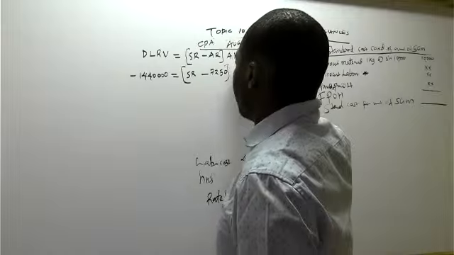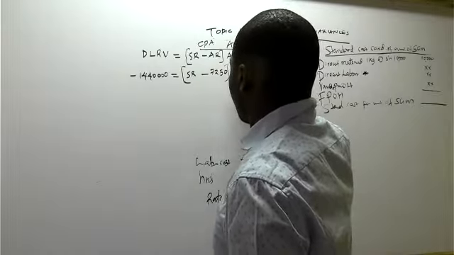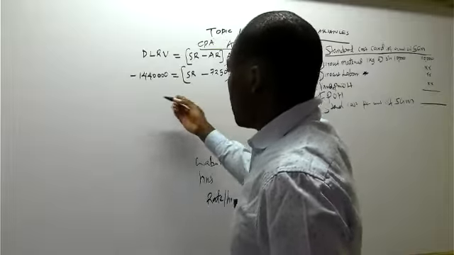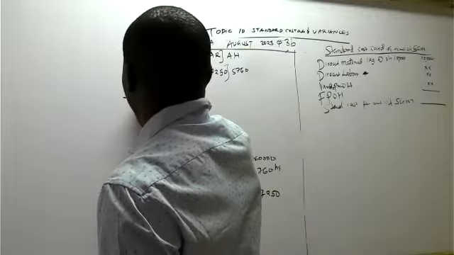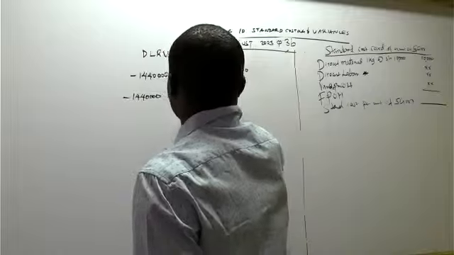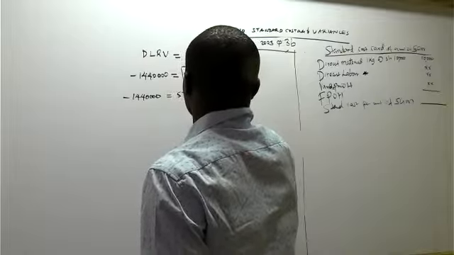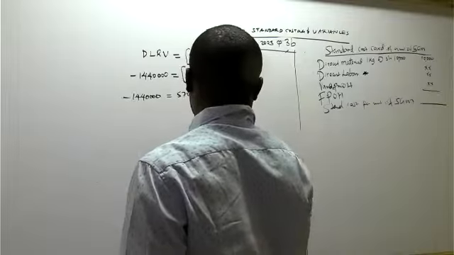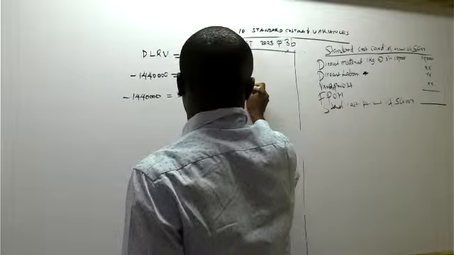To that, I divide by actual hours, which I'm able to see is 57.60. If that is done, I need now to break my bracket by taking negative 1440 is equivalent to 57.60 SR minus this times this. I think we are going to arrive at the same figure, 41,760,000.